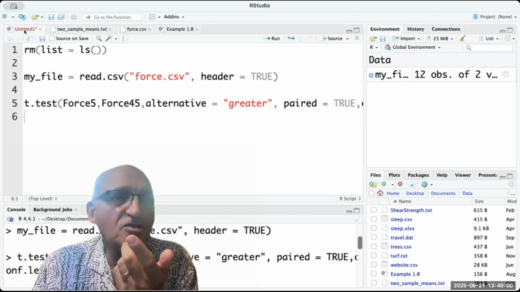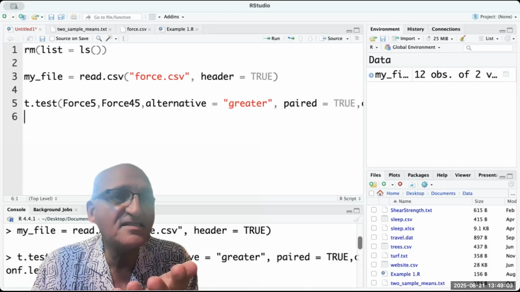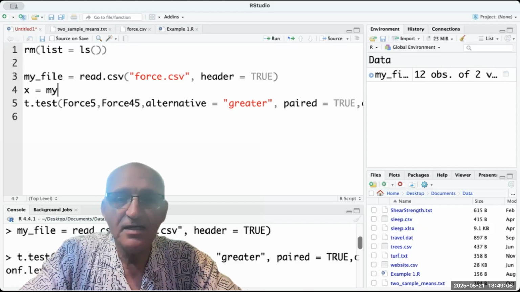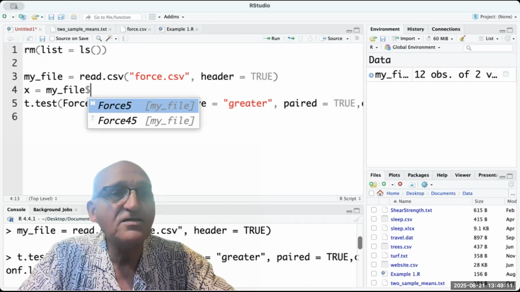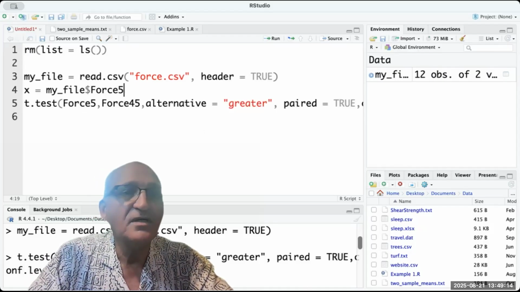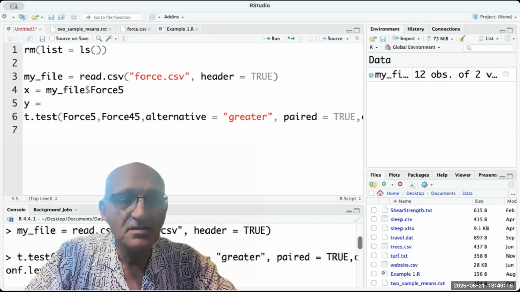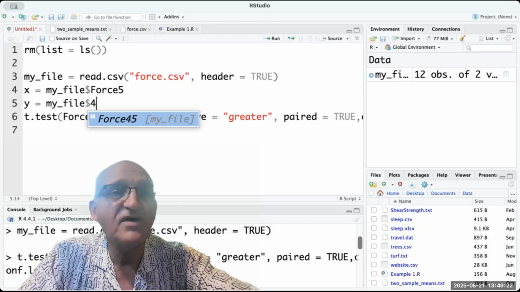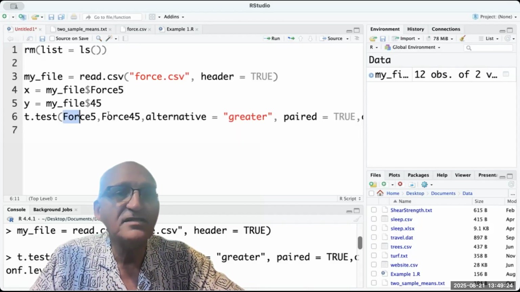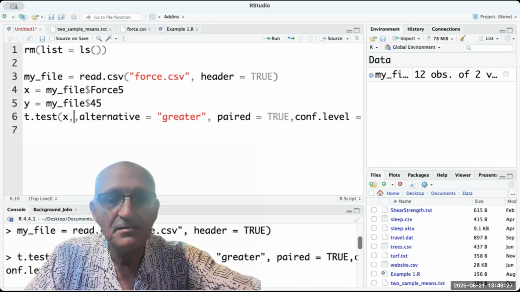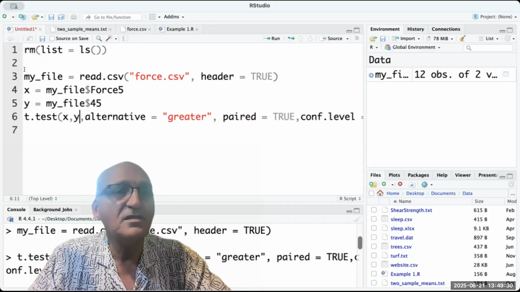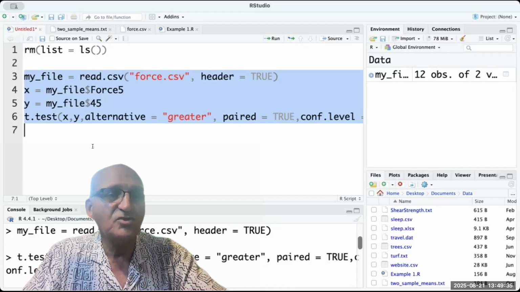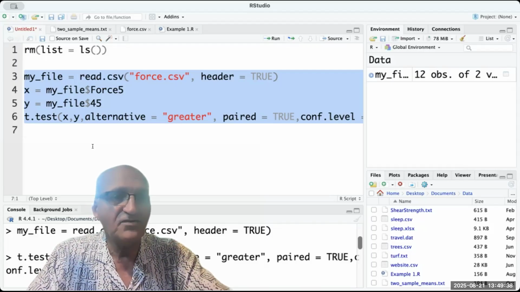By the way, here also, if you don't want to use force 5 and force 45, you can come here and say x equals myfile$force5 and y equals myfile$force45. And now I can write x and y here. I'm not going to delete or clean everything, to show you that we should get the same result.